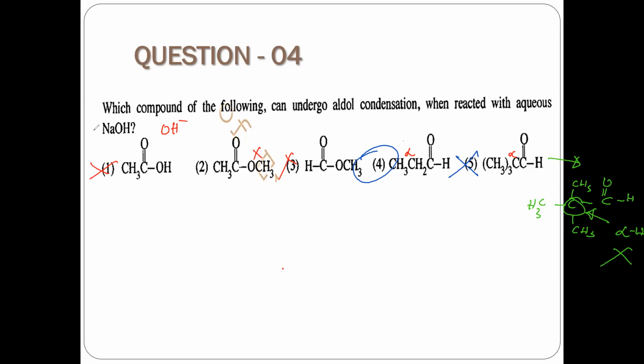Okay, so what is happening here? 2 CH3CH2COH, in the presence of sodium hydroxide, you will end up with CH3CH2 and so on. It will become OH, the hydrogen is here.